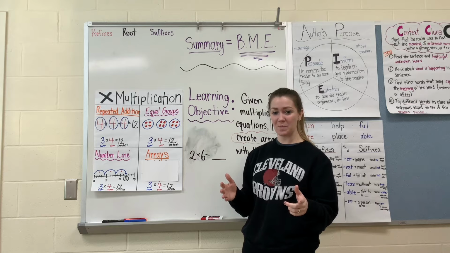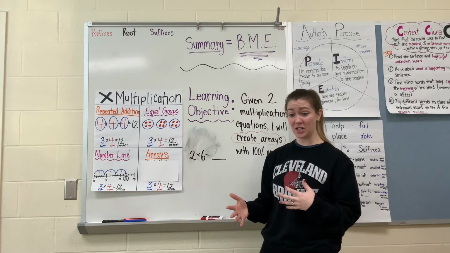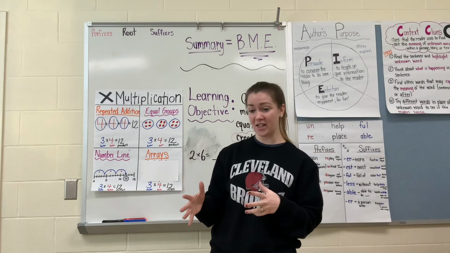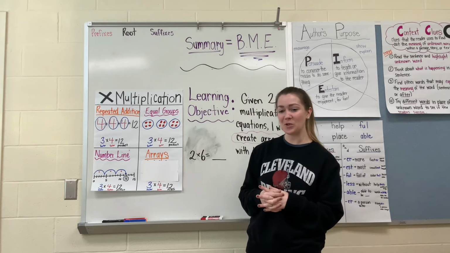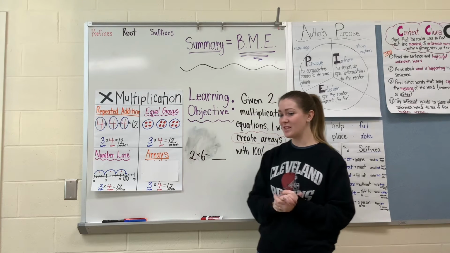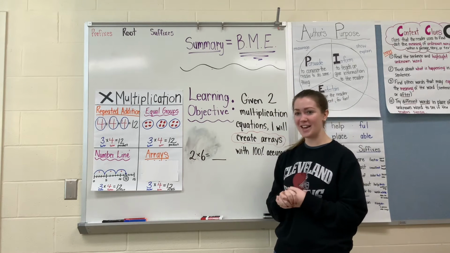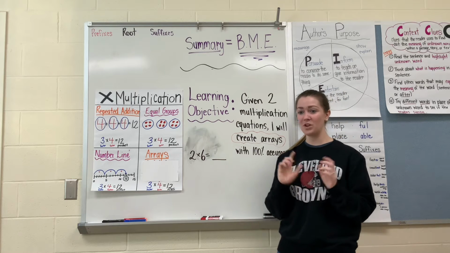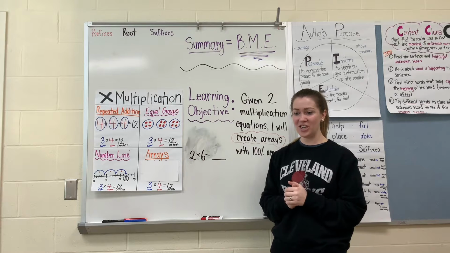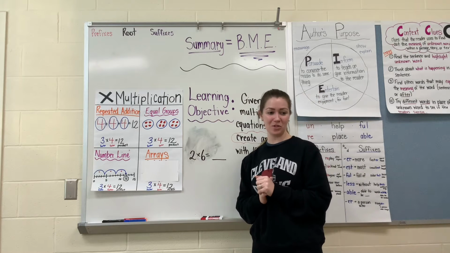Yeah, it's kind of like a picture, and we're going to be using any kind of object to do a multiplication equation in a model, okay? So sit tight right there, and let's go ahead and get into our learning objective, and we are going to see how we can use Johnny's strategy in representing multiplication equations.